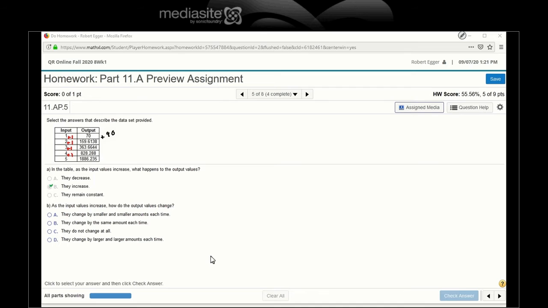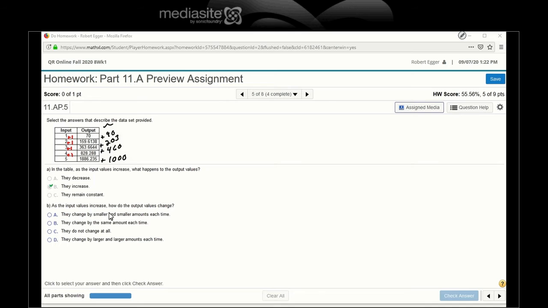This is about 203. This is about 460 or so, and this is by about 1,000. These are approximates. So let's see what kind of answers we have for choices.